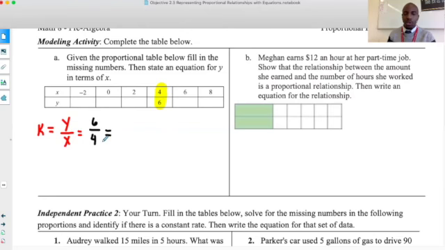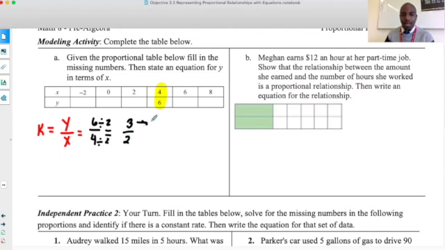Now, if you want to use your calculator to reduce this and put it in simplest form, and remember, simplest form is saying, let's simplify the fraction. If I were to simplify this fraction, I'm saying, okay, let me divide them both by 2, because they're both even numbers. And what I end up getting is 3 over 2. Now, what does this mean?